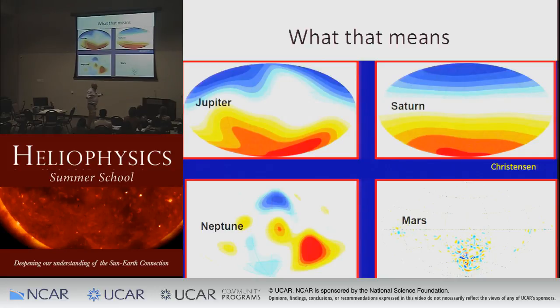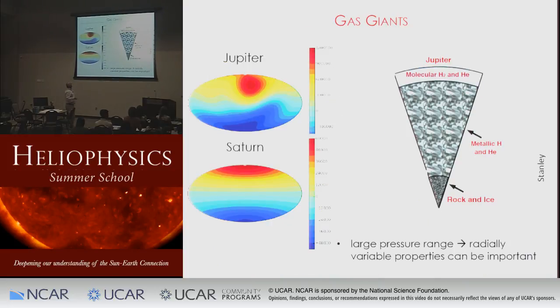But in the big picture scheme of things, it's just the kind of thing that you expect. If you have these ingredients, you're going to generate a magnetic field, and the magnetic field is going to be complex because it's being generated by turbulence. And if you're far away from it, it's going to look fairly dipolar. But should it be perfectly aligned? No. Sorry, I can't answer your question, but it is a topic of much discussion. This is just a little bit more, and this is actually in the books. Stanley talking about it.